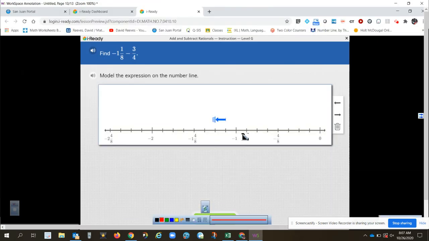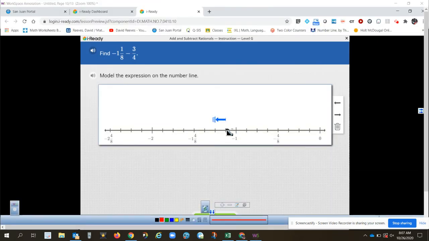Now again, 3/4, this is an eighth, right? 2/8 makes fourths. So if I start here, can you see now there's 1/4, there's 2/4, there's 3/4, and there is 4/4. Fourths. So this is -1.